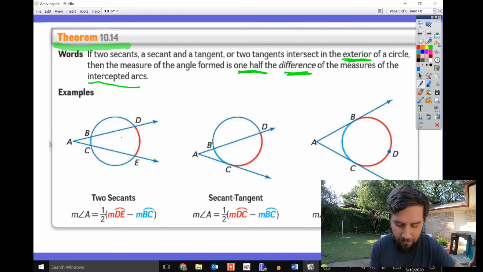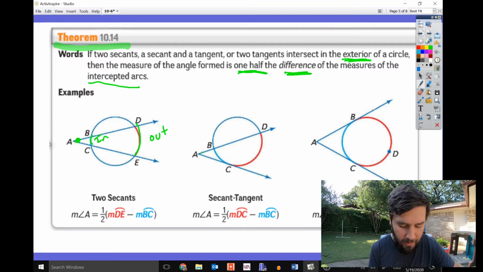So for instance, I have 3 scenarios here. These are 2 secants. So this angle A here is 1/2 the difference of arc DE minus BC. And it's important that you put them in order here. It's always the outer arc minus the inner arc.